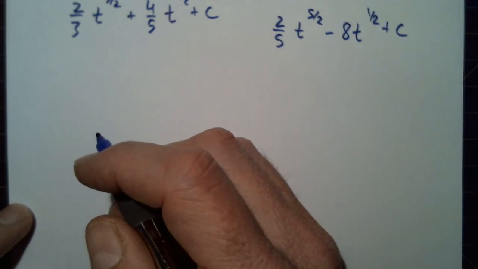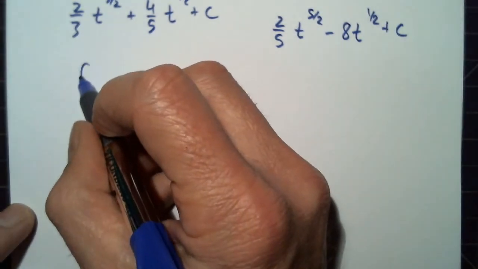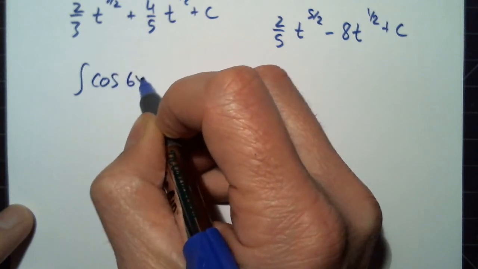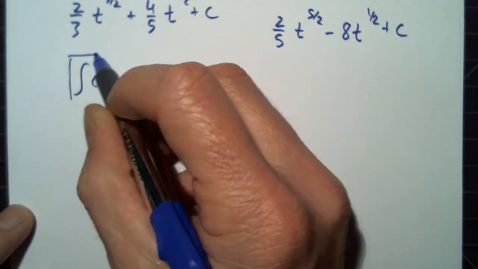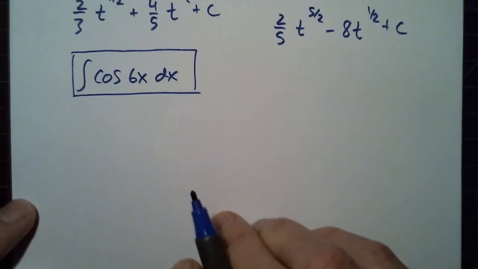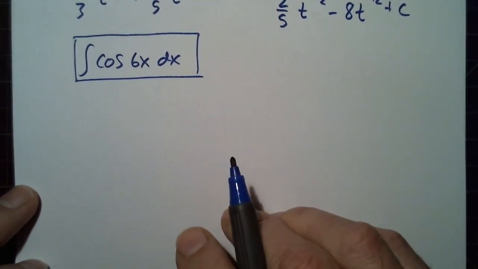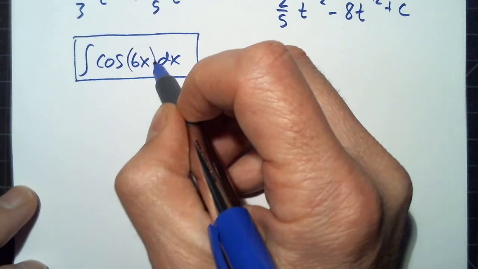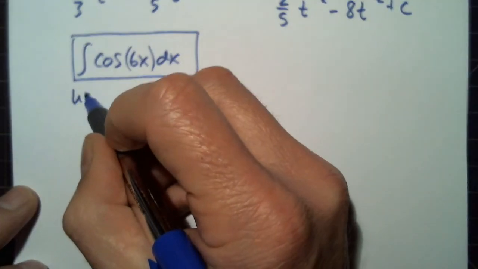Okay, let's try this one. So here we have to identify the inside function, and there it is, 6x.